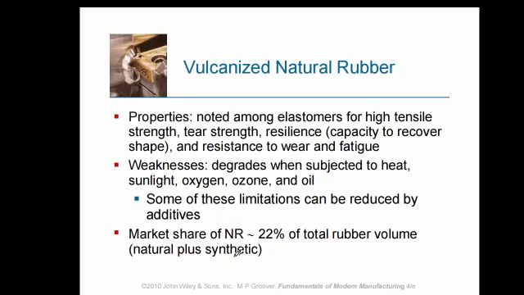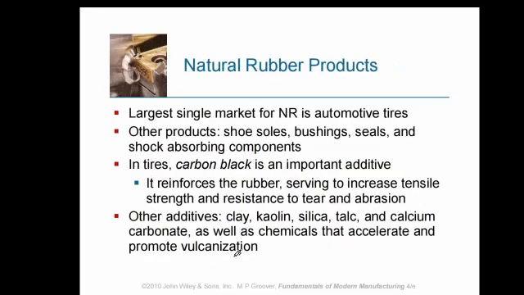But some of these limitations can be minimized by adding some additives. And the market share of natural rubber is roughly 22% of the total rubber market. And some natural rubber products include automotive tires, shoes, shoe soles, bushings, seals, shock absorbing components, and many more.